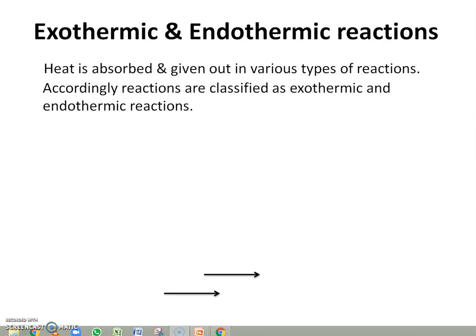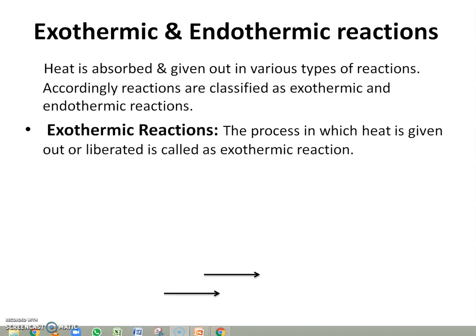Heat is absorbed and given out in various types of reactions, and according to the reactions they are classified as exothermic and endothermic reactions. This classification is totally based upon whether the heat is absorbed or given out in a reaction.